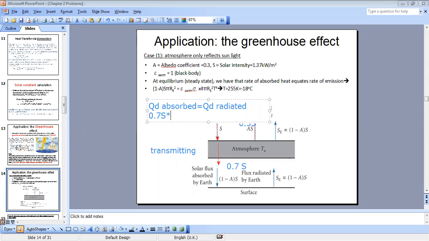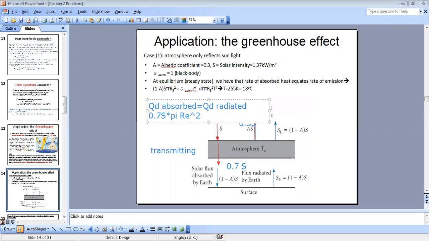If you remember, it's the cross-sectional area, pi r square. Yes, exactly. So I multiply by pi times radius of the Earth square. This is my absorbed flux.